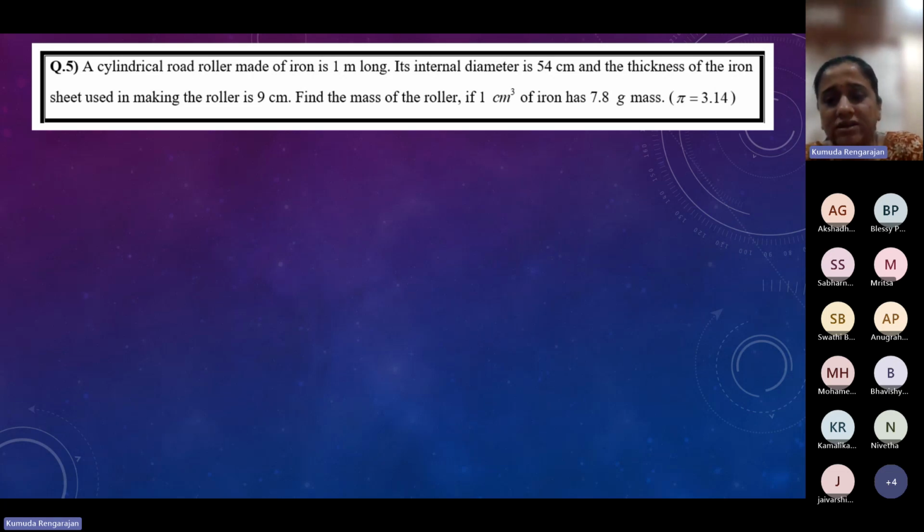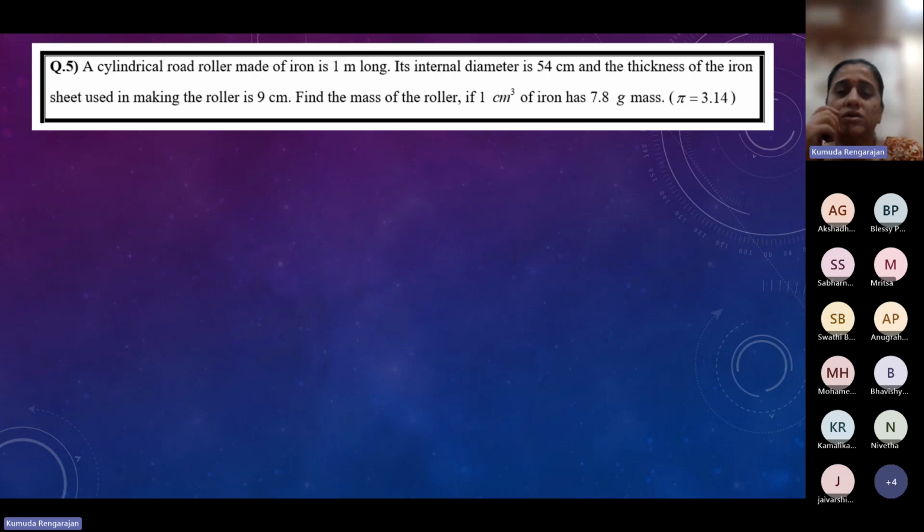There are two radii here: one internal radius and one external radius. Internal diameter is given as 54 centimeters, so the internal radius is 27 centimeters. And the thickness of the iron sheet is 9 centimeters. So using that, you can find the external diameter or the external radius.